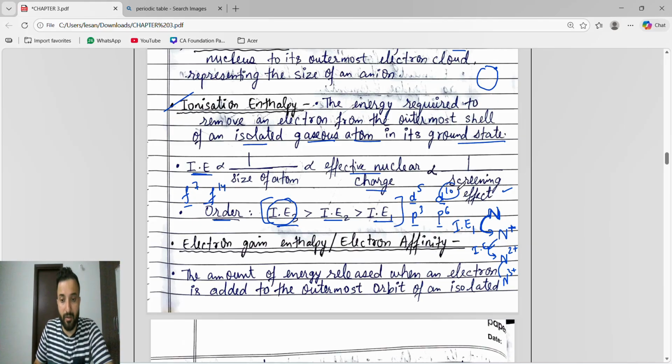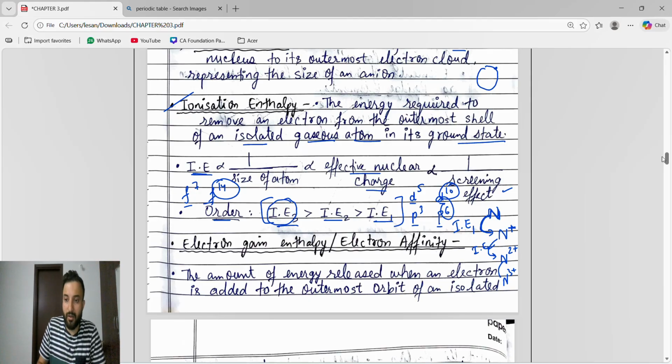The reason is that if it is completely filled, it is very difficult to remove the electron, so we have to use high ionization enthalpy. Half filled is also very difficult to remove. So in that case, ionization enthalpy will be higher.